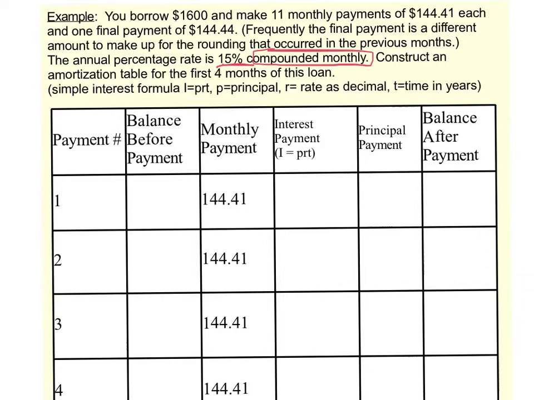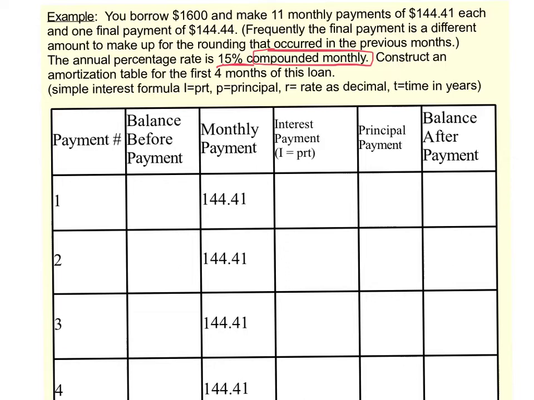So again, what the bank would do with this loan is, obviously you have 11 monthly payments and your final, so that's 12 months. They would lay out every single month, all 12 of them, each of your monthly payments, how much of those payments goes towards interest and how much of those payments actually get taken off your principal, which is how much you owe the bank or how much you borrowed from the bank. And then you can kind of just see how much interest you're actually giving the bank.